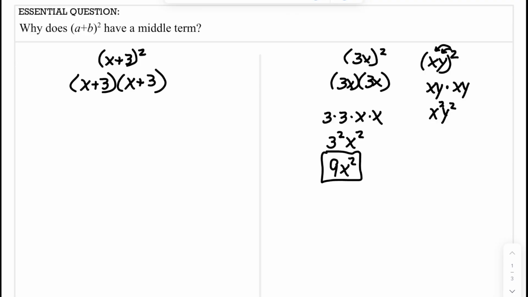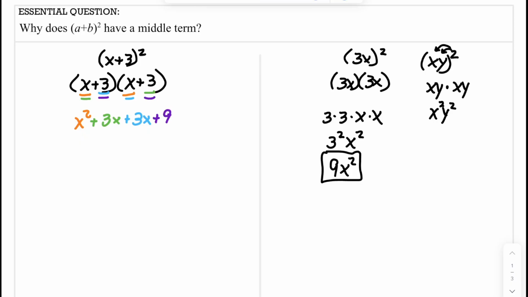So we're just distributing that first parentheses into the second parentheses twice. But if we use that pattern, we would go x times x, which is x squared, x times 3, so there's your outer terms. That's plus 3x. Then we've got our inner terms, 3 times x again, which is 3x. And then we've got 3 times 3, which is 9.